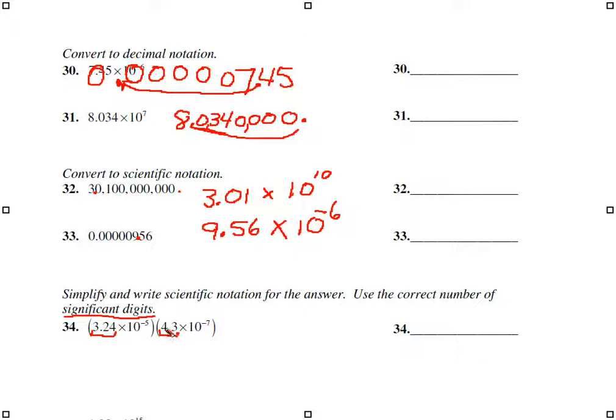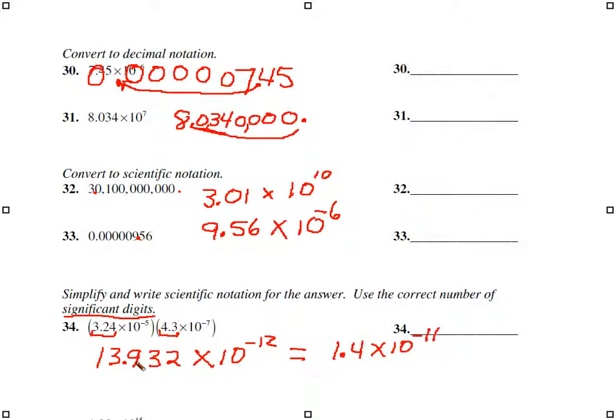So, in doing this, I multiply this by this, and I get that. But I have to look carefully at, here there are 3 significant digits, here there are 2 significant digits. So in my answer, I have to get the least number of significant digits. So I'm going to need 2.